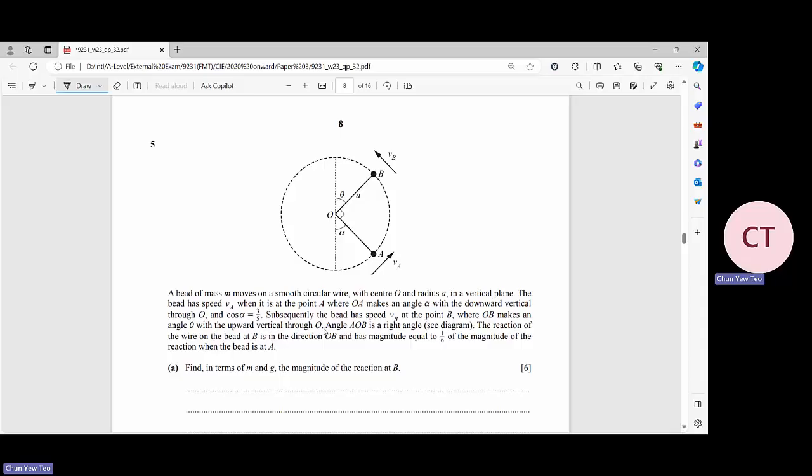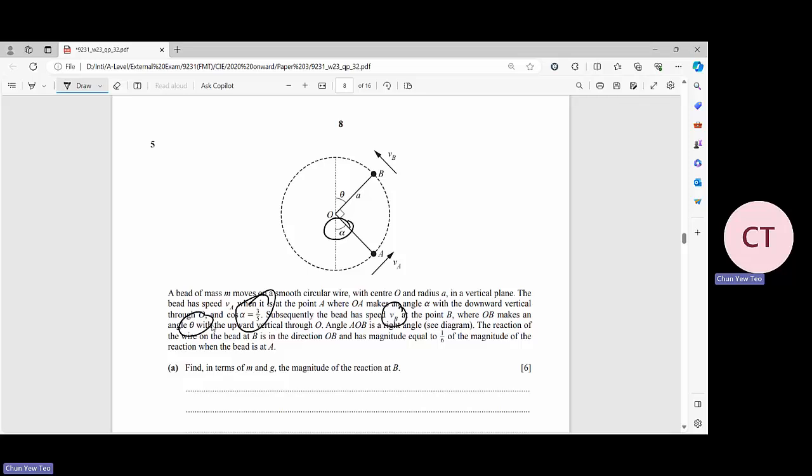The bit has a speed VA when it is at the point A, when OA makes an angle alpha with the downward vertical, and cos alpha is 3/5. Subsequently, the bit has a speed VB at the point B when OB makes an angle theta with the upward vertical through O. Angle AOB is a right angle.